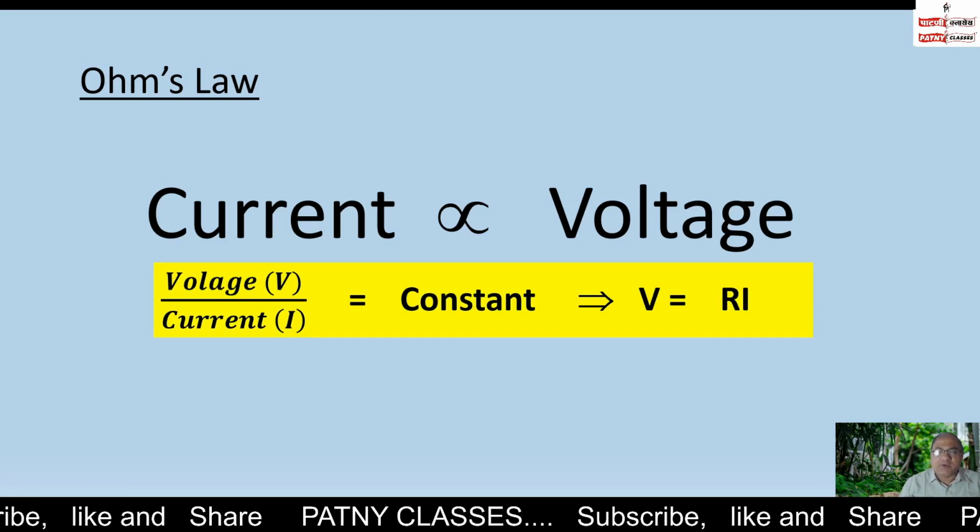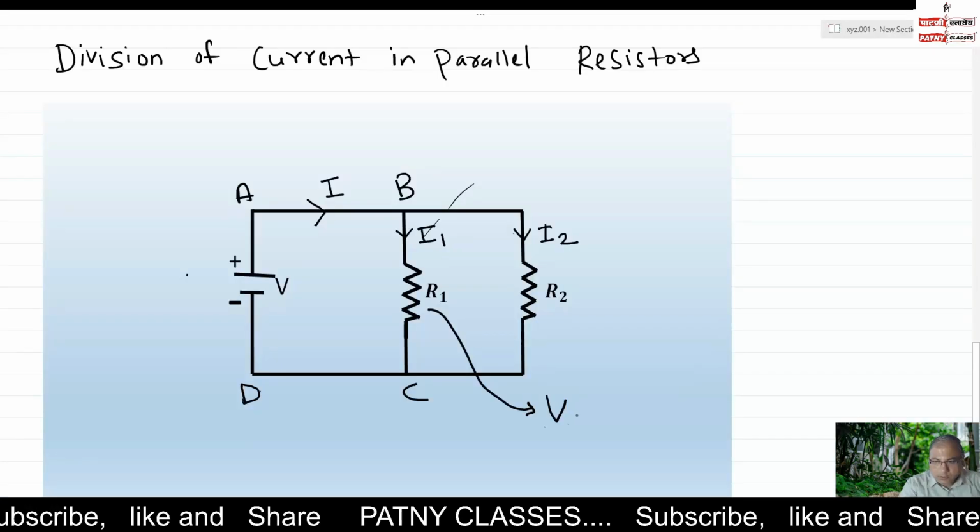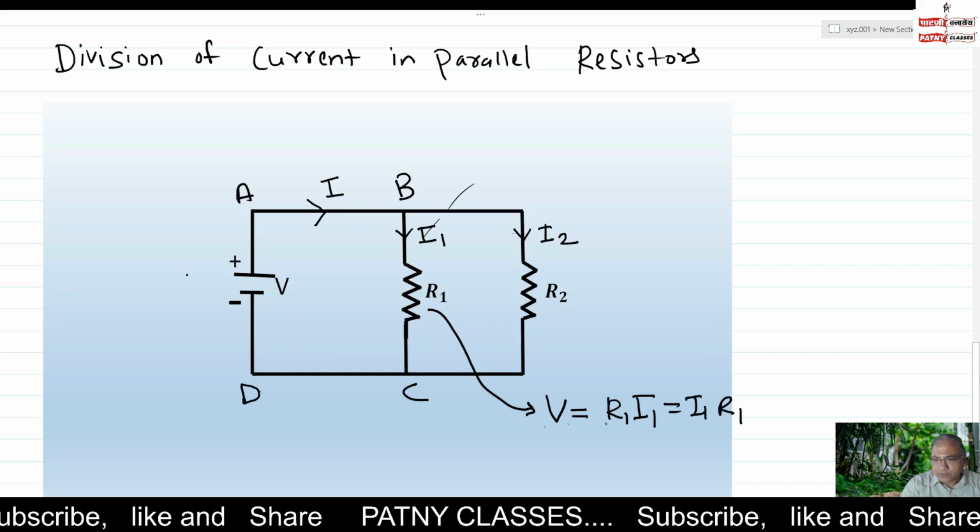This is nothing but Ohm's law, where R is the resistance of a given circuit. Now we are going to apply this formula to get the voltage across each resistor. Therefore, voltage across R1 is resistance into current, or current into resistance, one and the same. So V equals I1 R1.